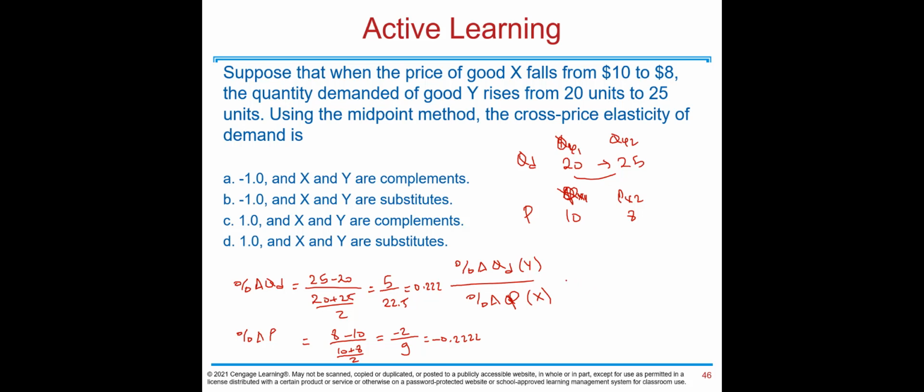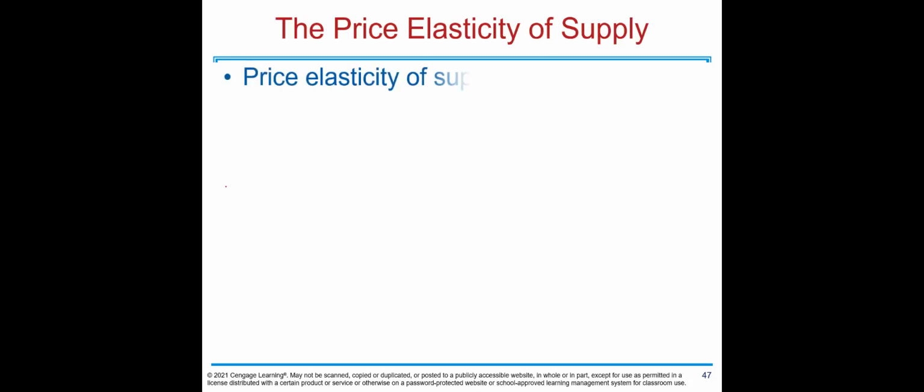So we can now find the ratio, 0.222 divided by negative 0.222, which is negative 1. Negative 1 says that these two goods are complements. Therefore, sign is important. If it's positive, they are substitutes, but if it's negative, they are complements.